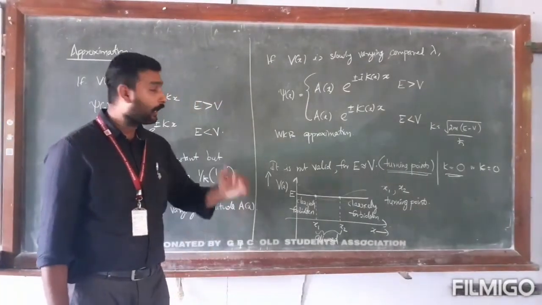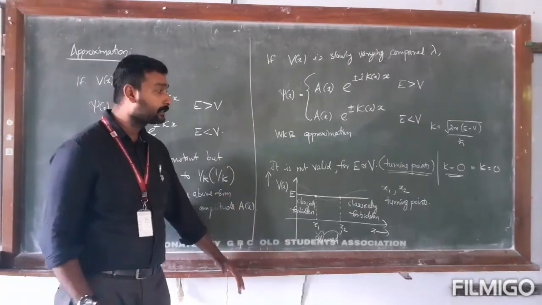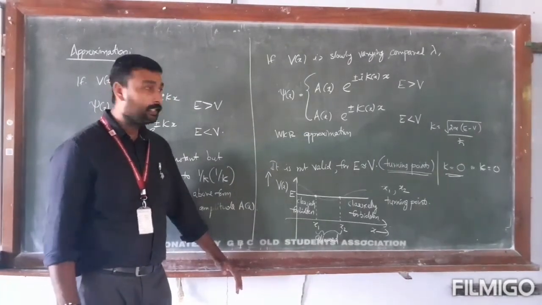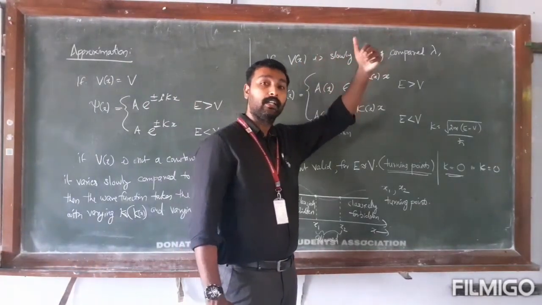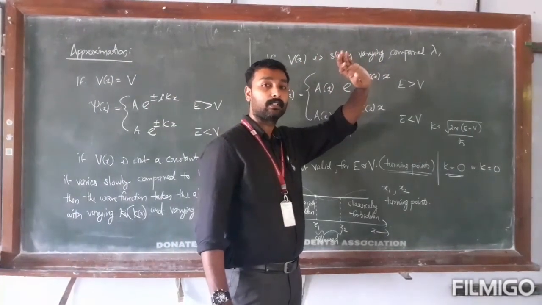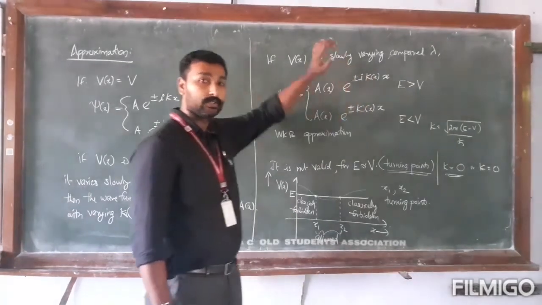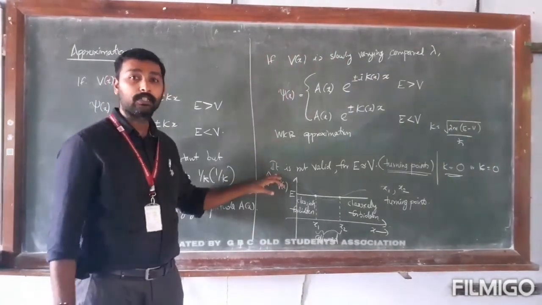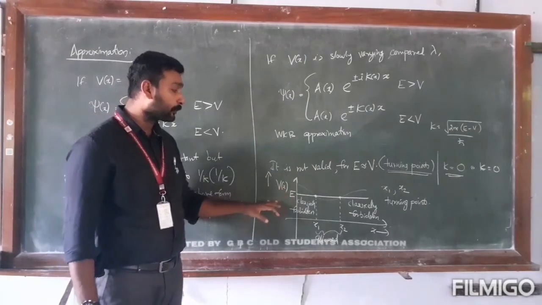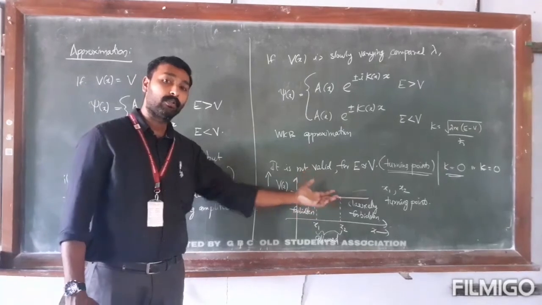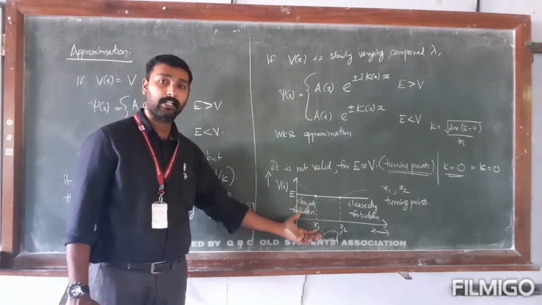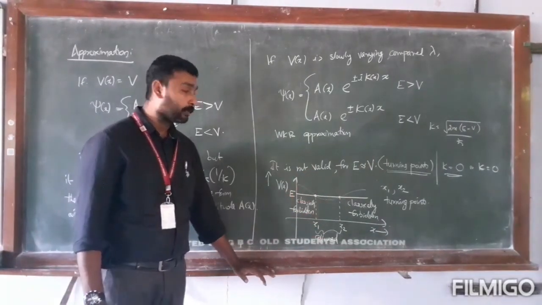So in that condition, around the turning points, this approximation is not valid, because I cannot say the potential is slowly varying if lambda itself is going up to infinity. So this statement is not valid around the turning point. That is why the WKB approximation is not valid around the turning points, but it is valid in both the classically allowed region and the classically forbidden region.